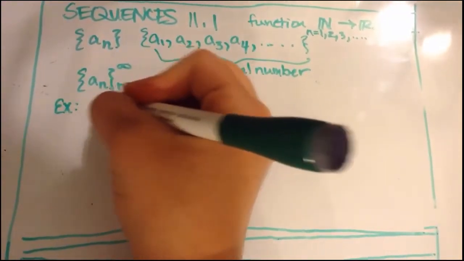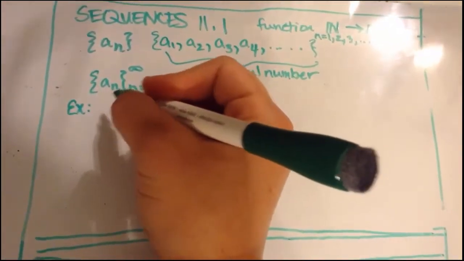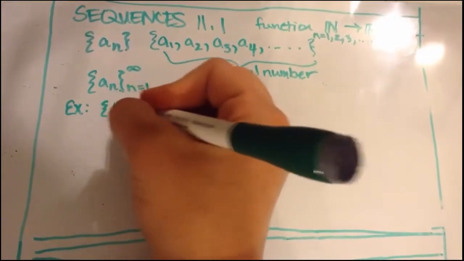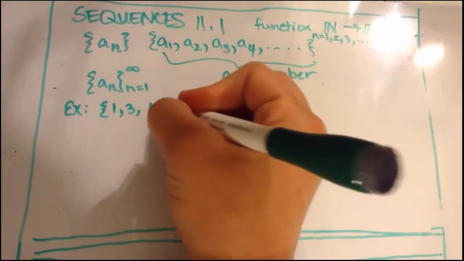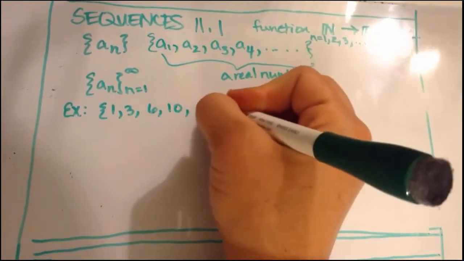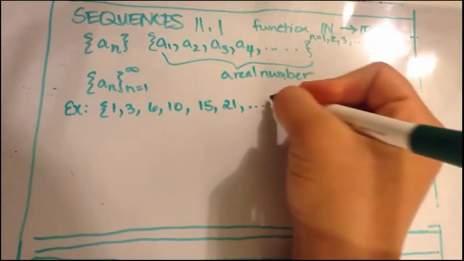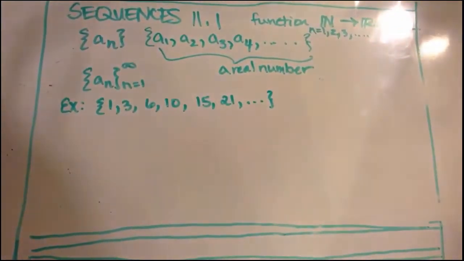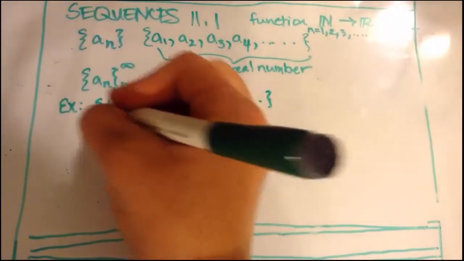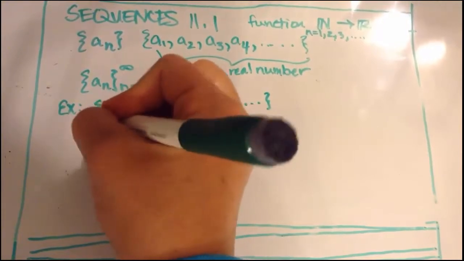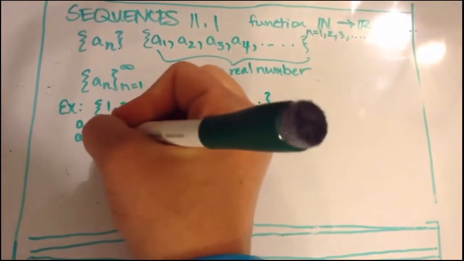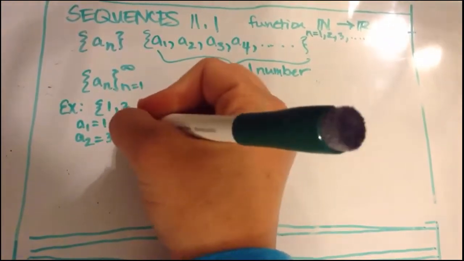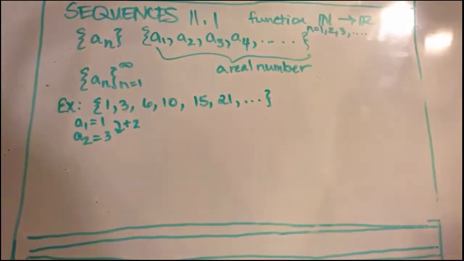The first example is a very famous sequence that you may have heard of: 1, 3, 6, 10, 15, 21. Look at this sequence. How do you think I made each of the terms? Notice our first term is 1. Our second term is 3. To get from 1 to 3, I added 2.